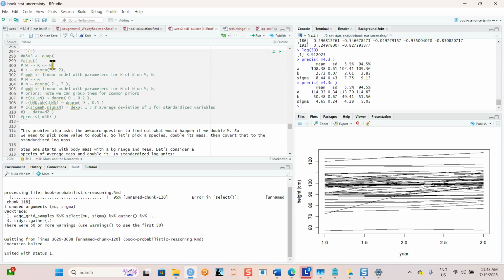Now, there's a mediation going on. M, the amount of milk, and the neocortex, that is fed into M here, and we note milk is by itself in two places, but N gets fed into here with milk as a determining factor.